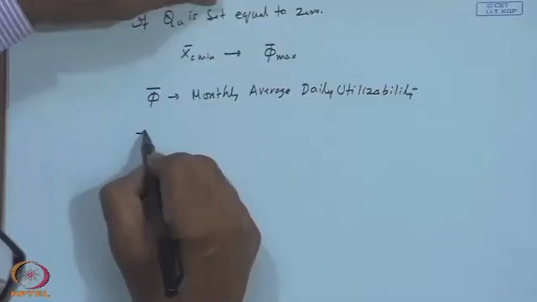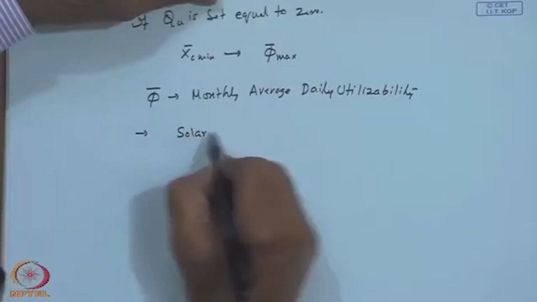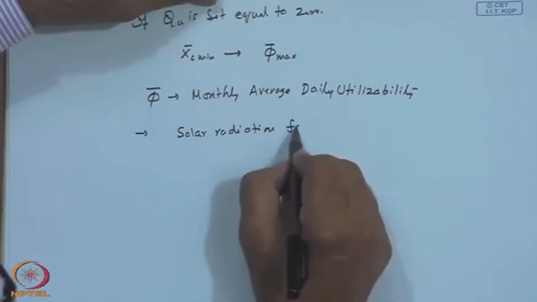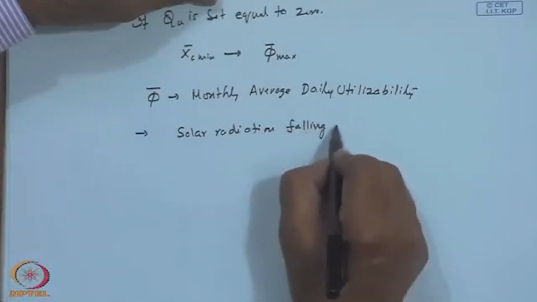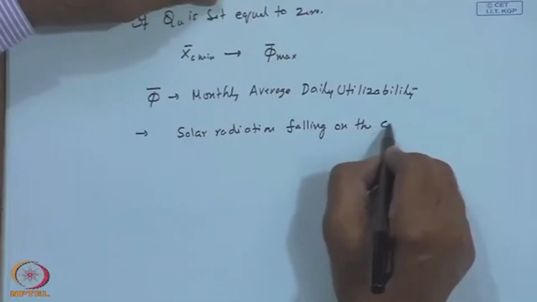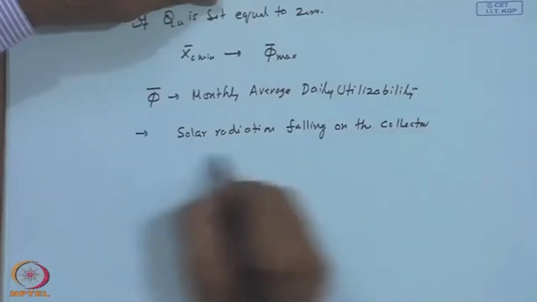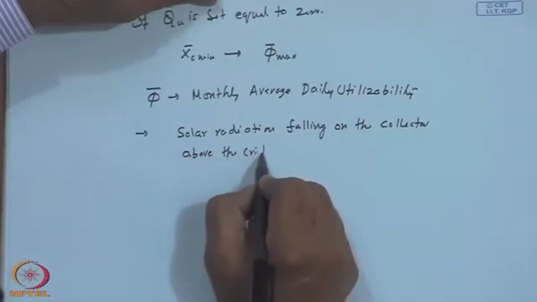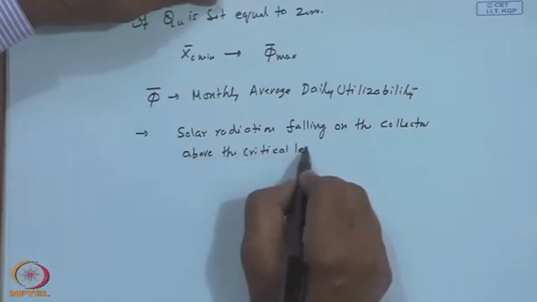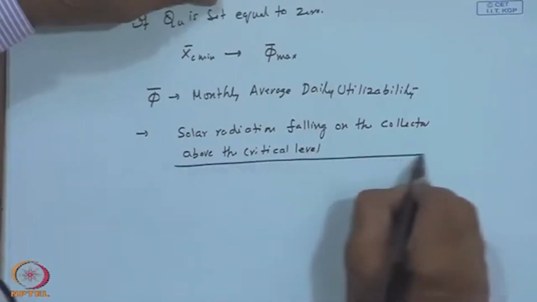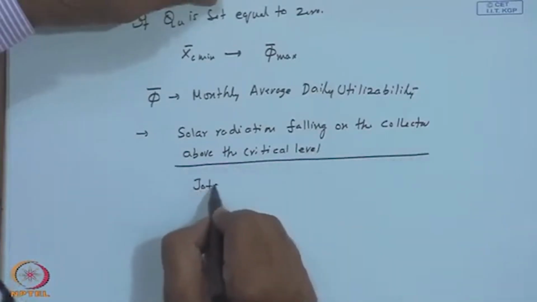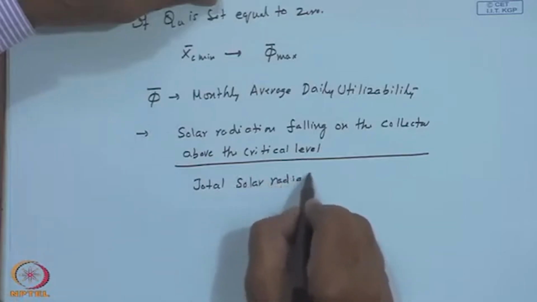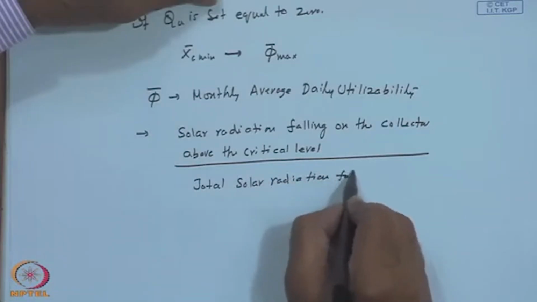This is nothing but the ratio of the solar radiation falling on the collector above the critical level to the total solar radiation falling on the collector.